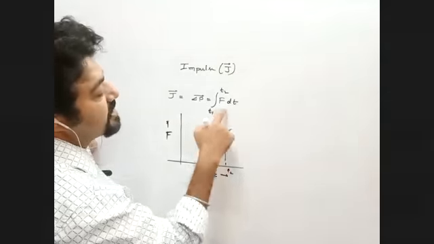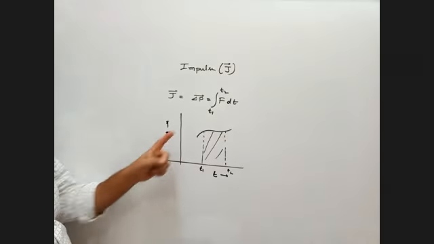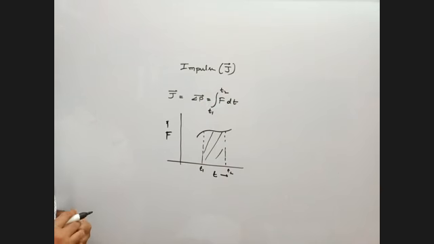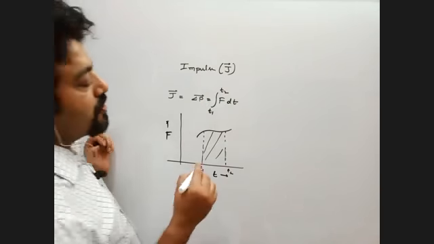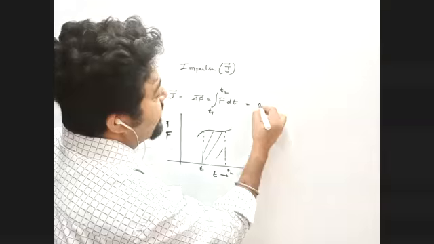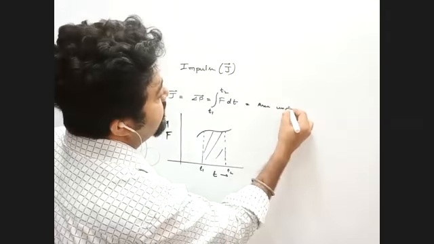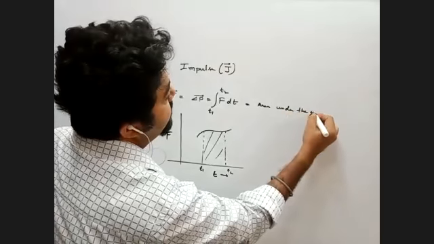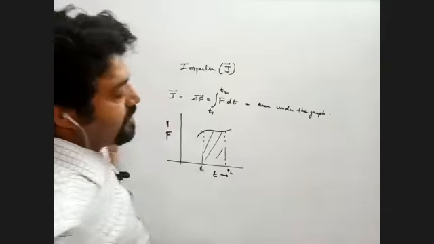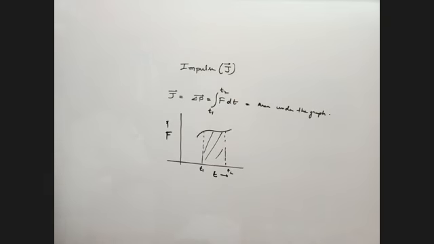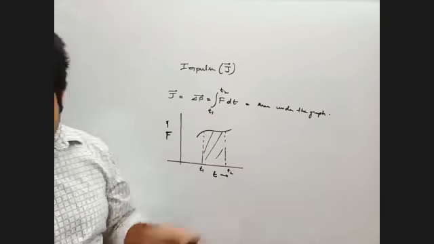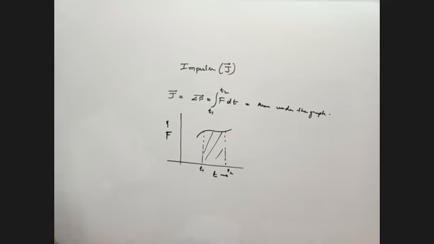So it is the integration of f dt between the lower and upper limits, that is, the definite integration. So you basically find the area under the graph. Is it okay? Yes, sir. So in that way you can find the impulse.